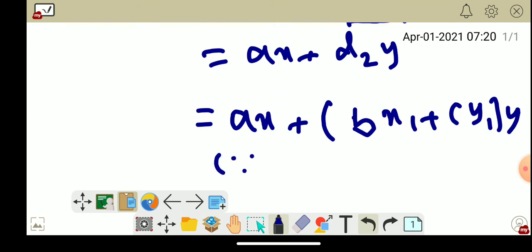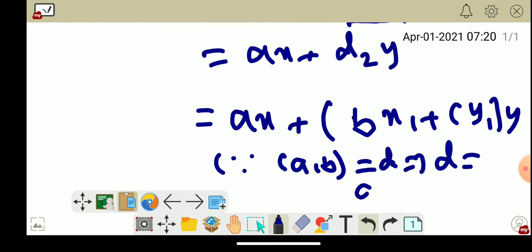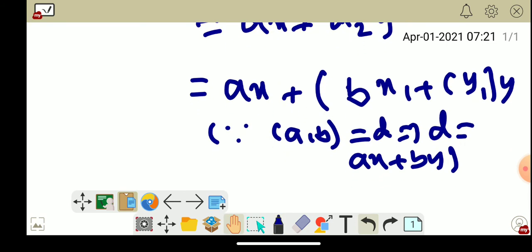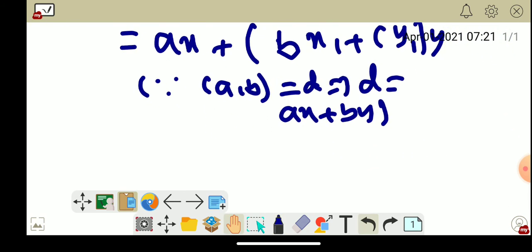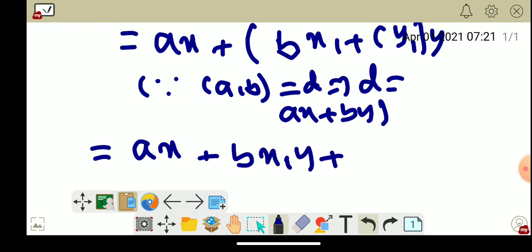Since GCD of A, B is equal to D, that implies D is equal to, we can write, AX plus BY according to this property. So here we have AX plus BX1Y plus CYY1.